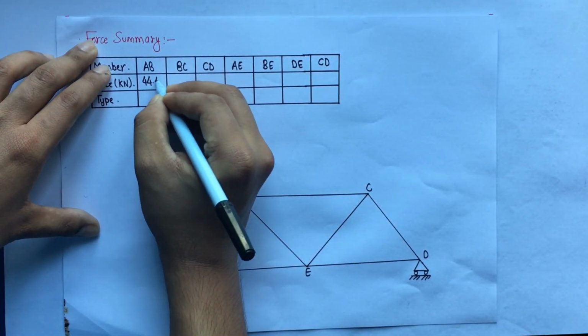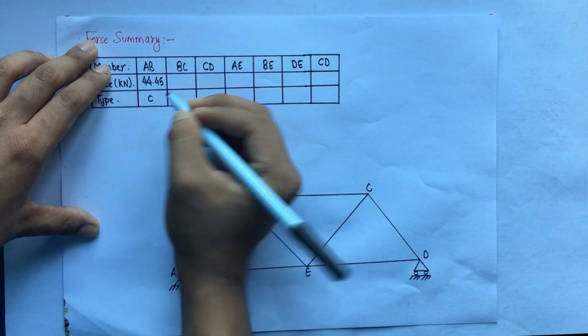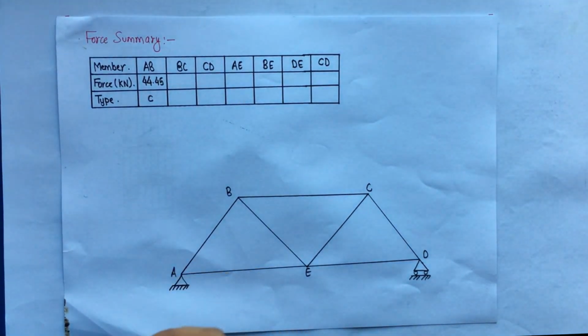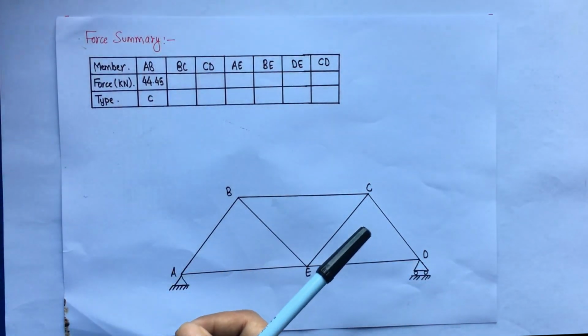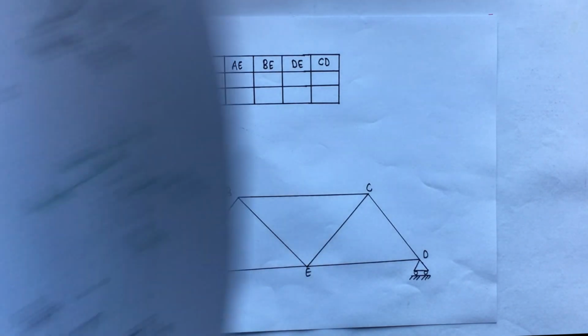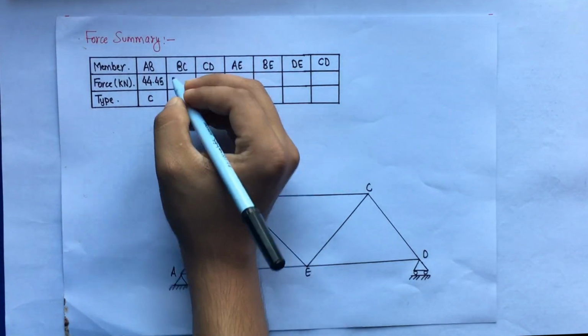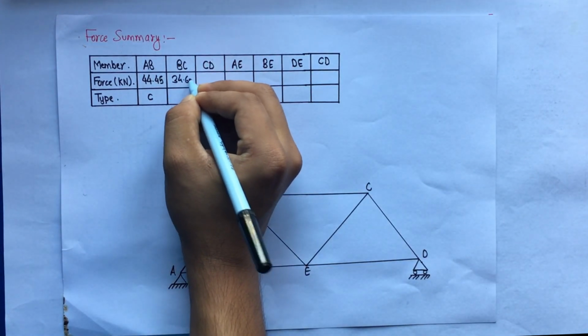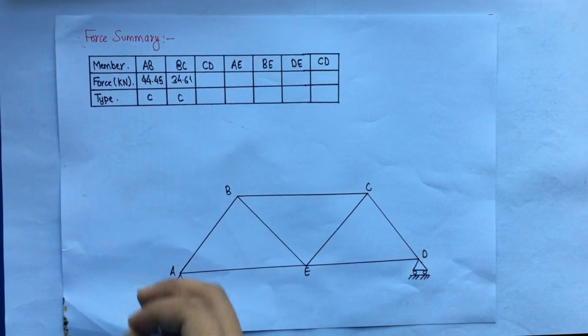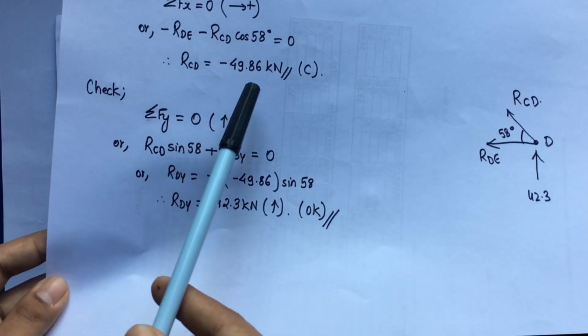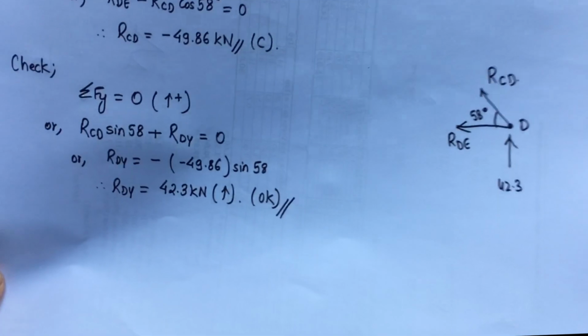Similarly, for BC, we computed the value as 34.61 compressive. And for CD, we computed 49.86 kilonewton, that is compressive.